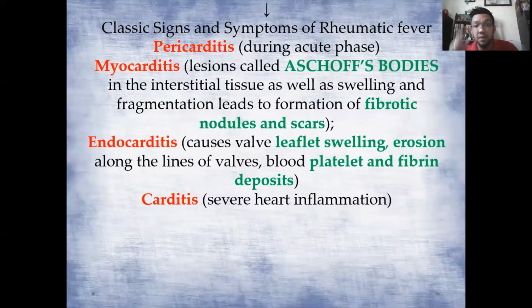Endocarditis, once this happens, will cause valve leaflet swelling. The valves are going to swell and later on can cause erosion along the lines of the valve. Blood platelet and fibrin deposits can also occur. And lastly, carditis. The whole heart is inflamed.